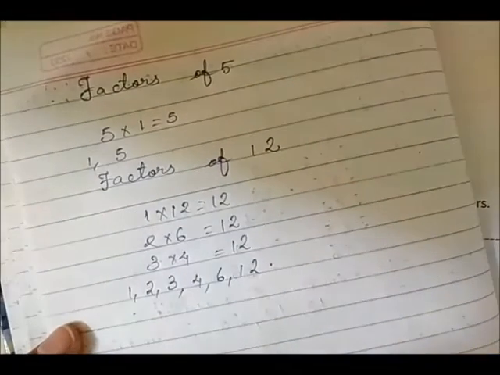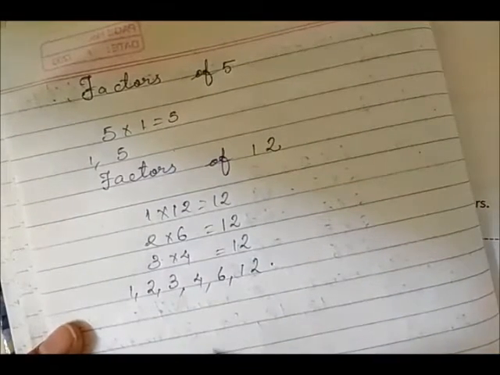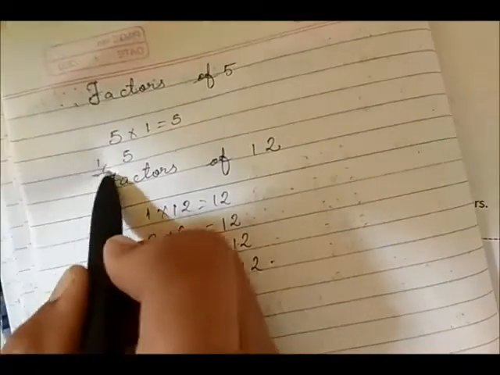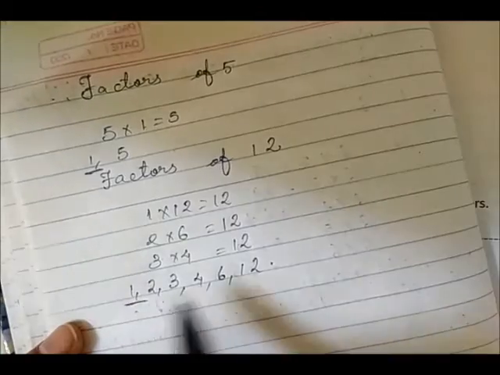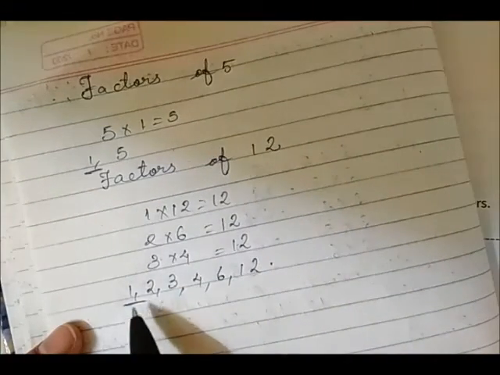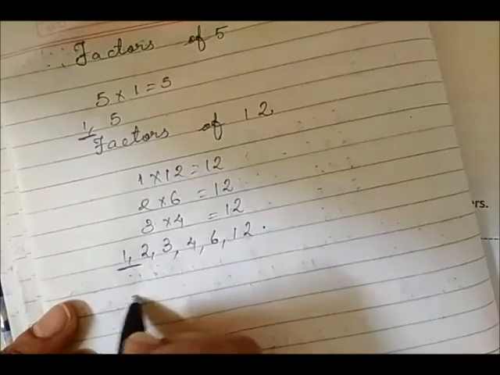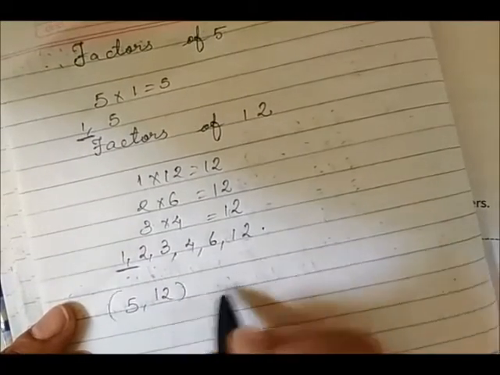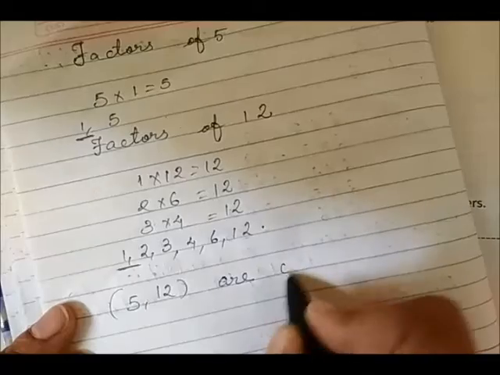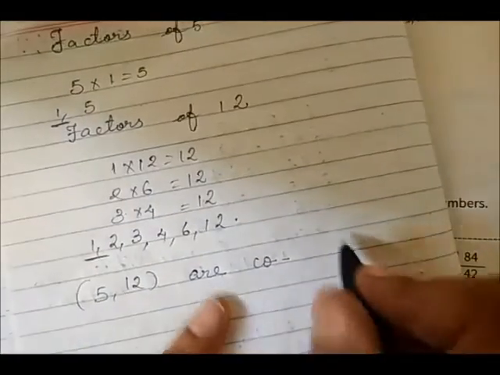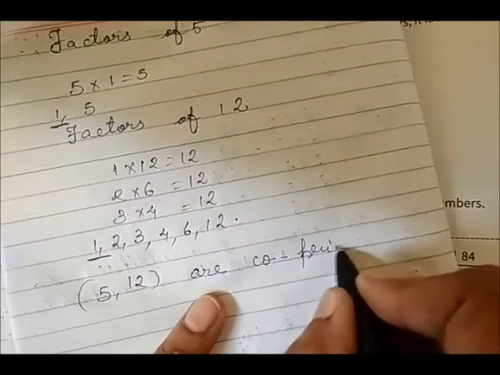But what are the common factors in this? The common factor is only 1. Here the common factor for 5 and 12 is only 1. So we can write that 5 and 12 are co-primes.